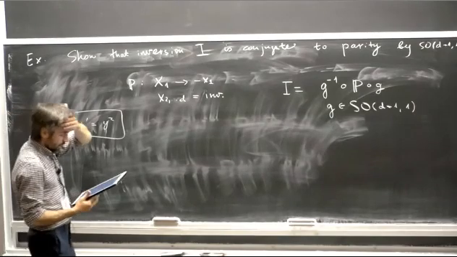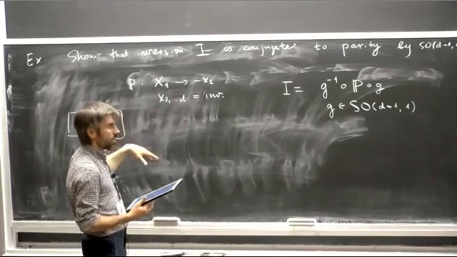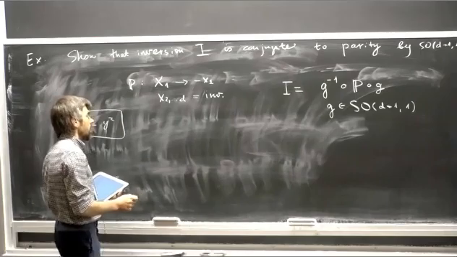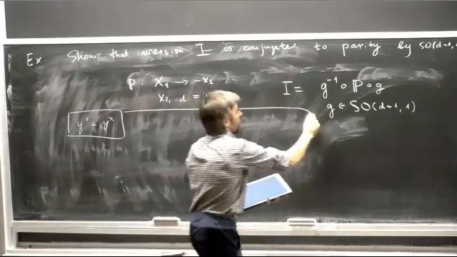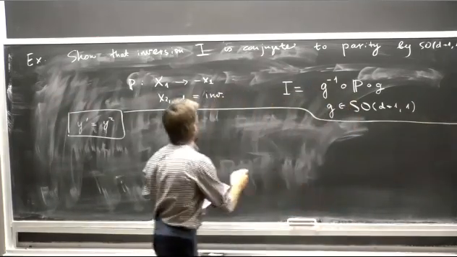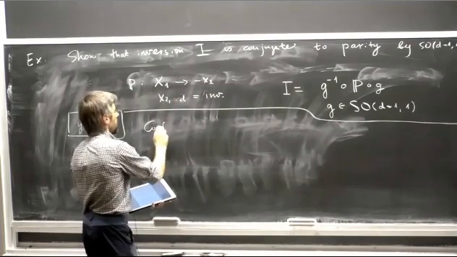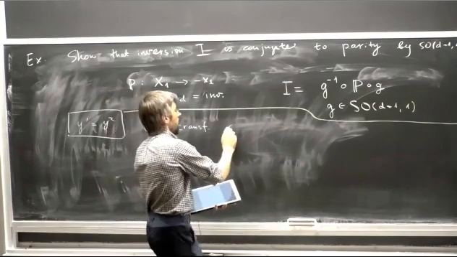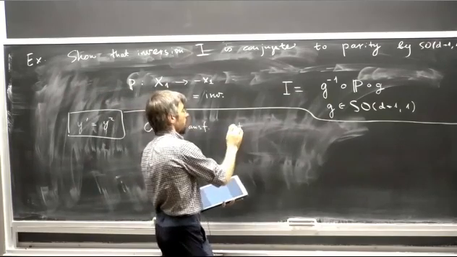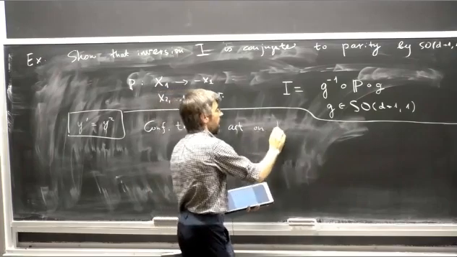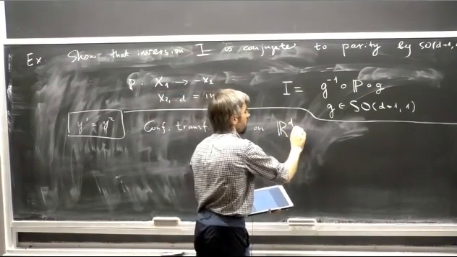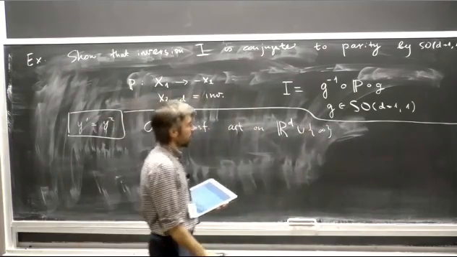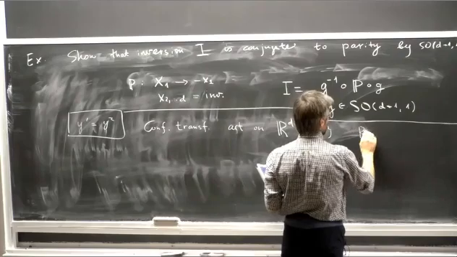So what do you do with this? If you want to treat this properly, you have to say that conformal transformations act not on R^d, but you have to add to R^d one point, R^d and infinity. This is sometimes called the Riemann sphere.